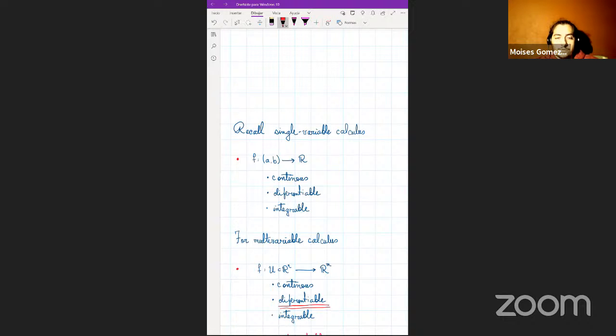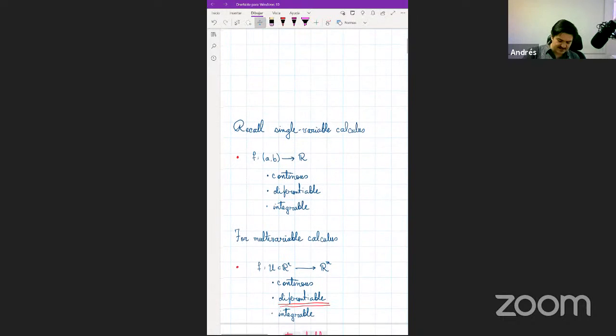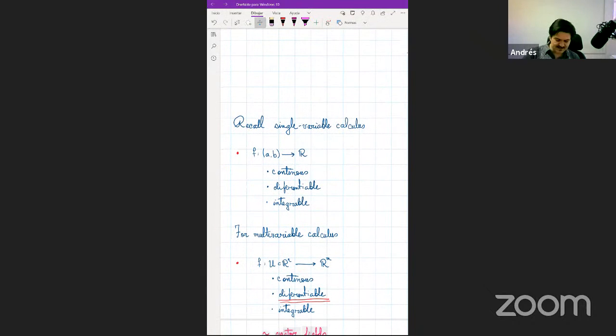The matrix of all the partial derivatives in the basis. Right, so this is something that I would like to stress.